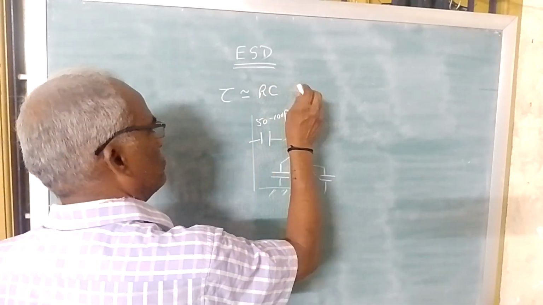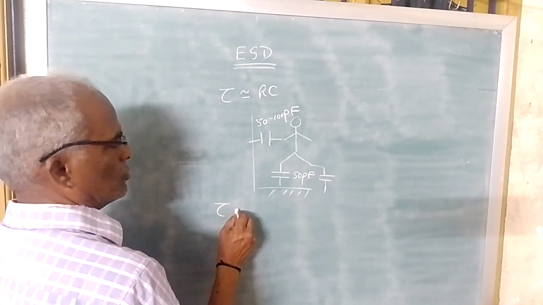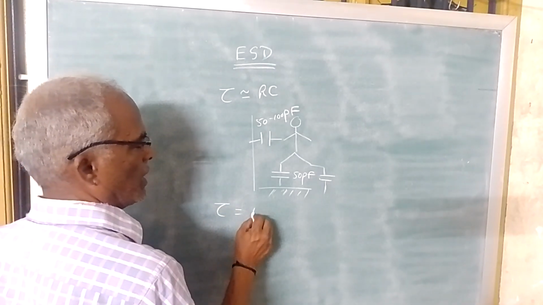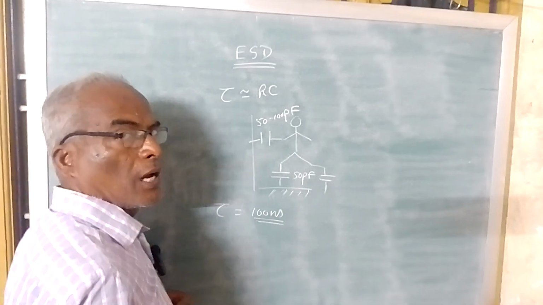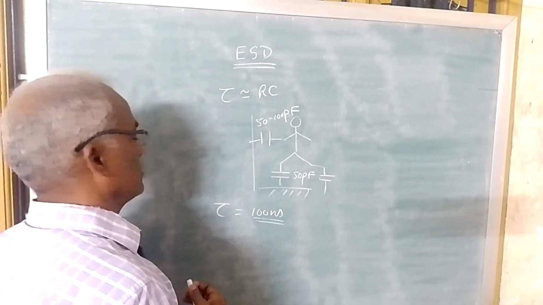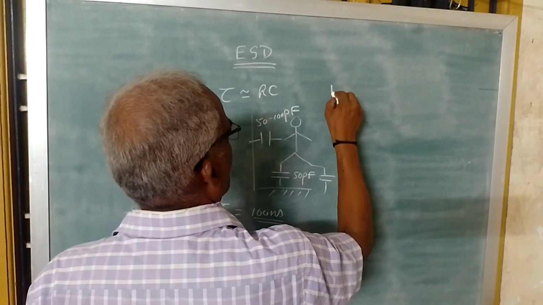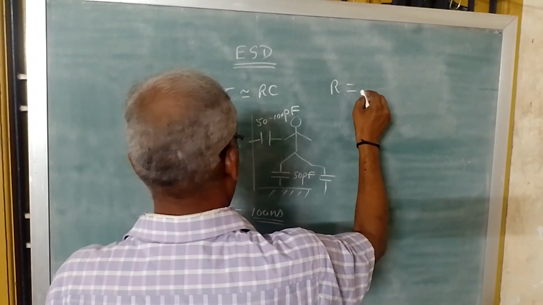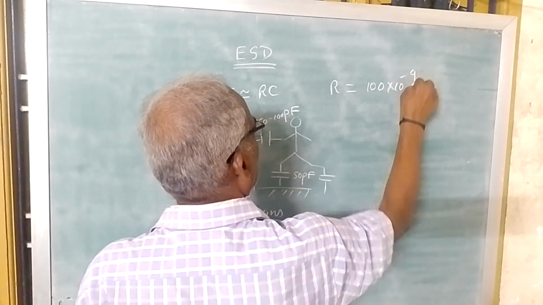So, if you fix tau to be say 100 nanosecond, what should be the value for R? So R is equal to tau by C. Tau is 100 nanosecond. Nano is 10 power minus 9.